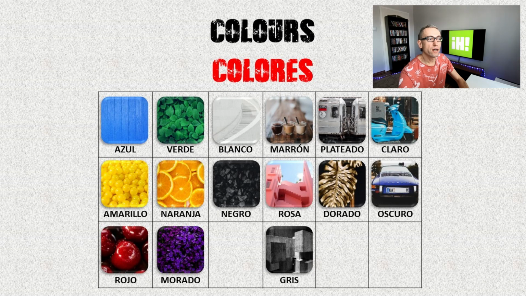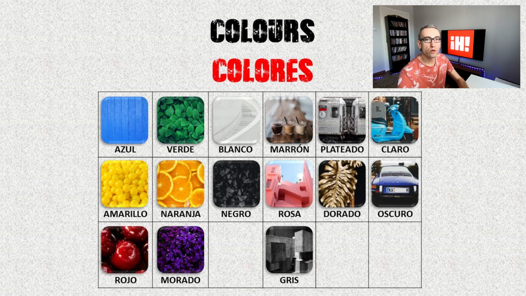Then it's followed by marrón, rosa, and gris, which is brown, pink, and gray. Then we have plateado and dorado, which means silver and gold, and we have two tones of colors, claro and oscuro, which means light and dark.